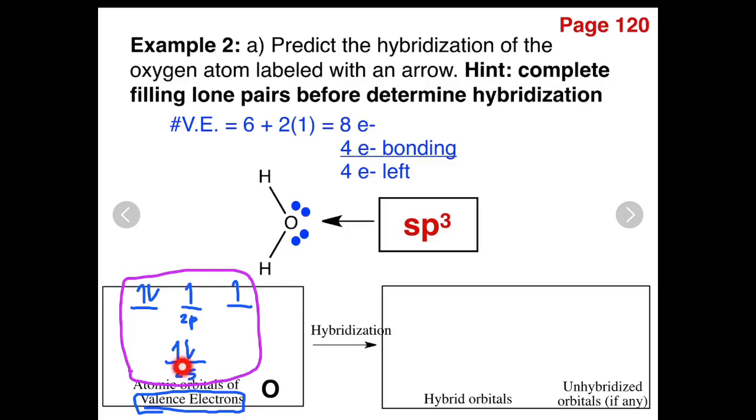If you mix all of these together, the result would be 1, 2, 3, 4 hybrid orbitals, right? Because you mix all four. The energy of the new hybrid orbitals would be in the middle, the average of those. So it contains 1, 2, 3, 4. These four hybrid orbitals have a new name because you're mixing them together. This new name is what we call sp3.